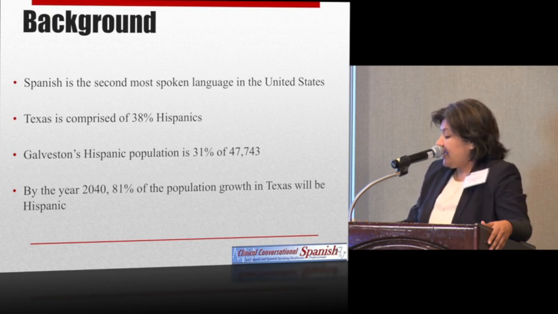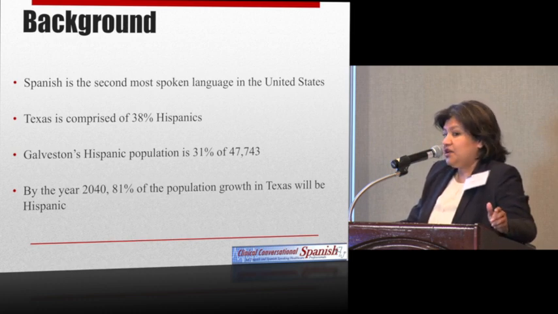As of now, the Galveston Hispanic population is at 31%. State demographers, who do statistical predictions, predict that by the year 2040, 81% of the population growth in Texas will be Hispanic.